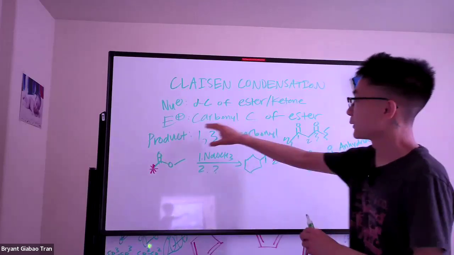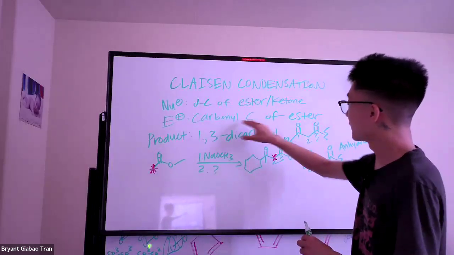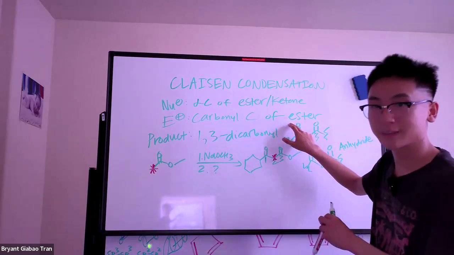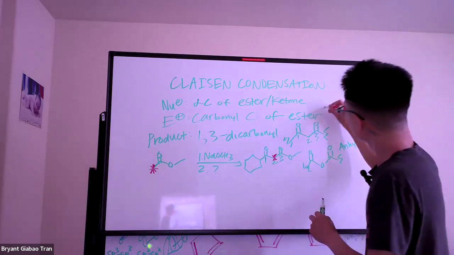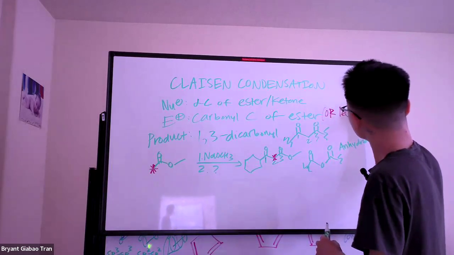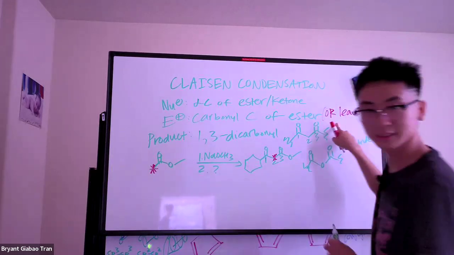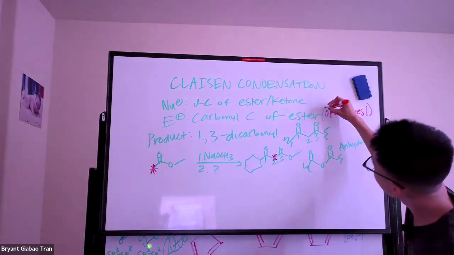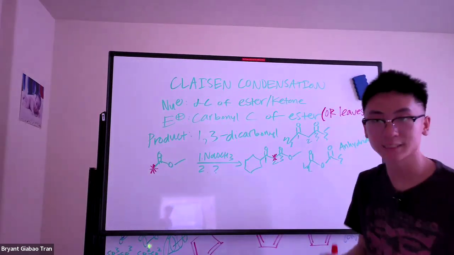Can you repeat the other thing you said about how the OR group leaves? Yeah. So the electrophile of the Claisen condensation is the ester, the carbonyl carbon of the ester. For the reaction, the OR group always leaves in the Claisen condensation.